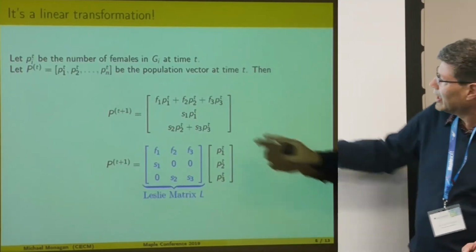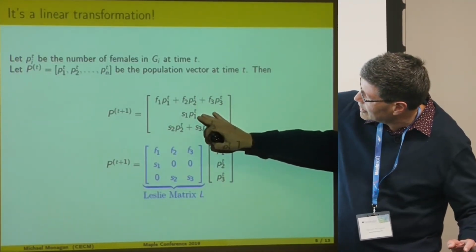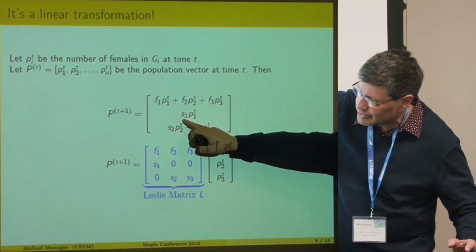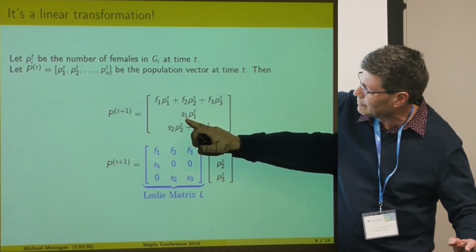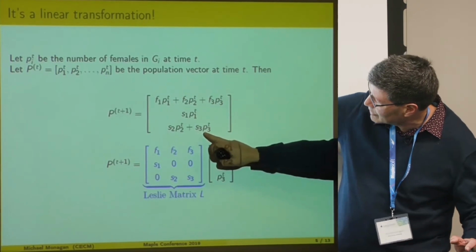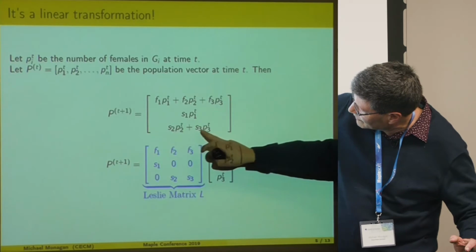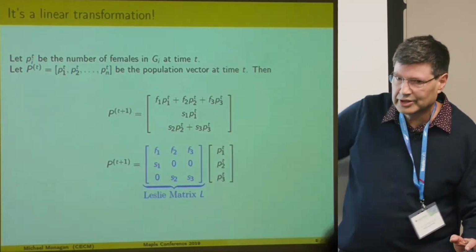Okay. And then the number of seals in group 2 is the number of seals in group 1 times the survival of that group. And the number of seals in group 3, the adults, is the ones that survive group 2 and the ones that survive group 3.